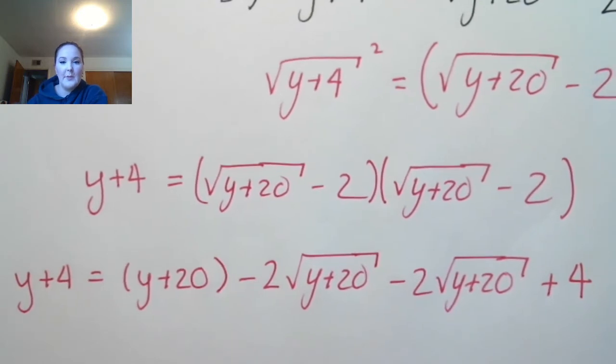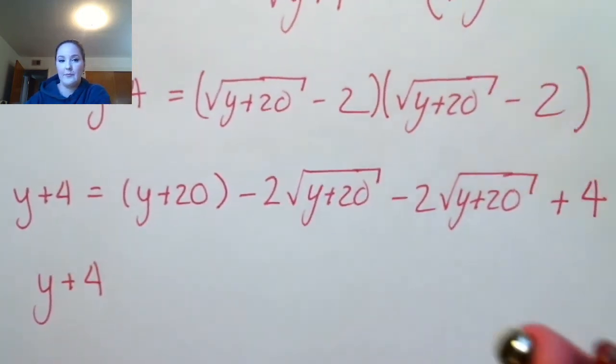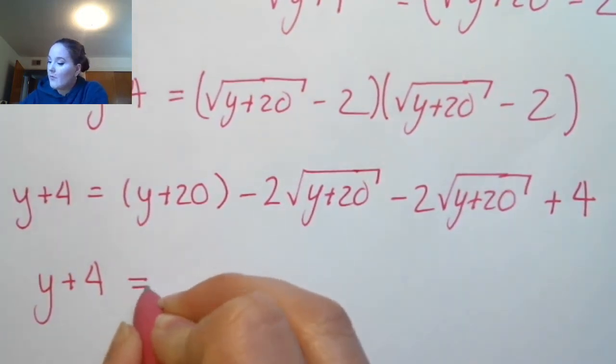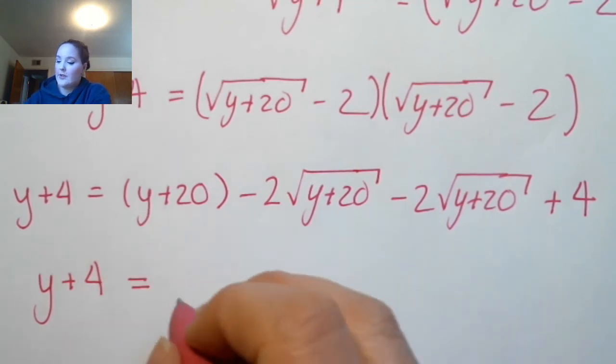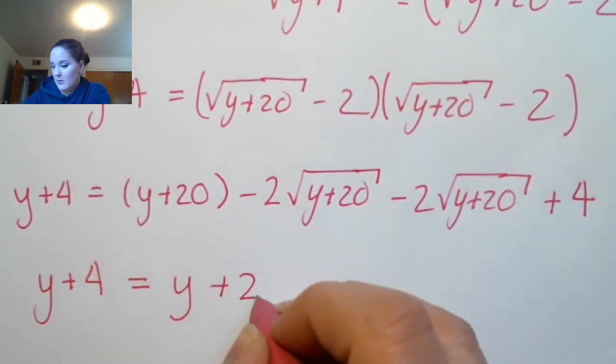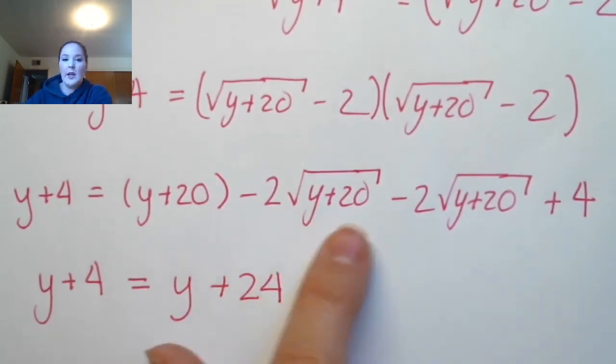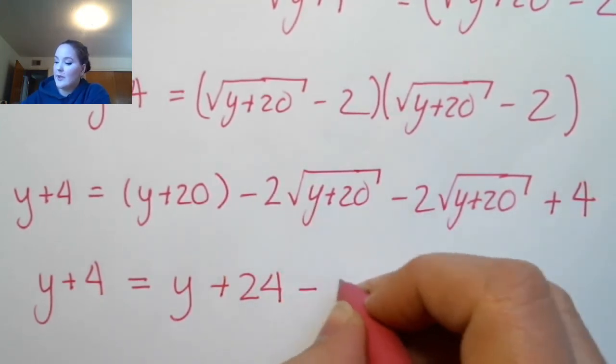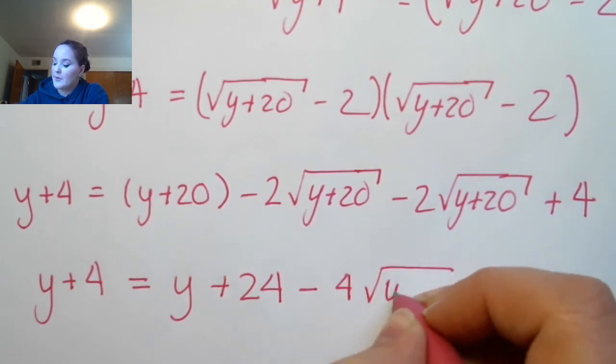I'm going to simplify this by combining my like terms. Over here I just have this y, and then I have 20 plus 4 is 24. Then I can combine these two like terms to give me negative 4 root y plus 20.